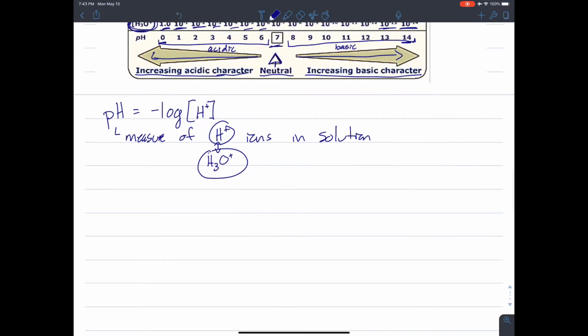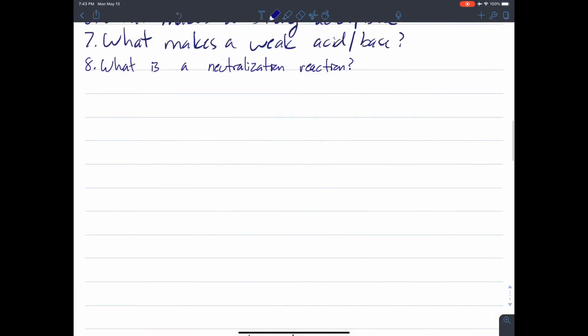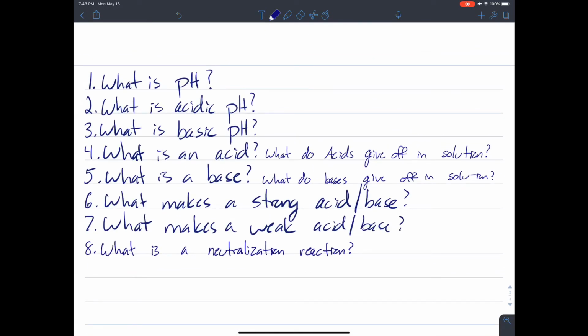Okay, so acidic pH is from 6 to 0, and basic pH is from 8 to 14. Neutral pH is 7. Okay, so that answers our first 3 questions.